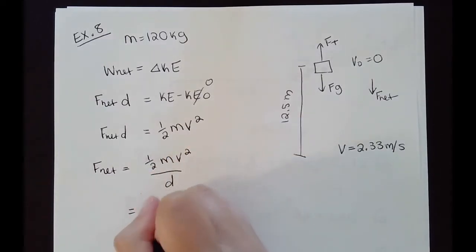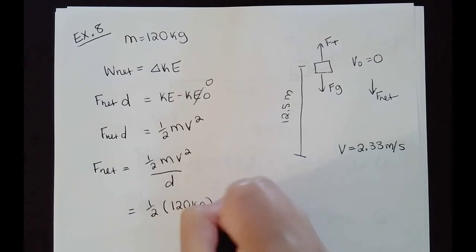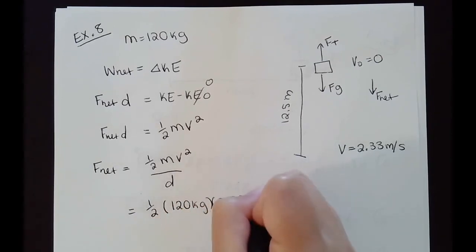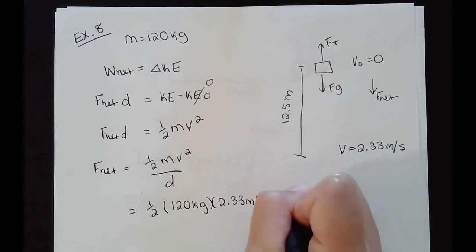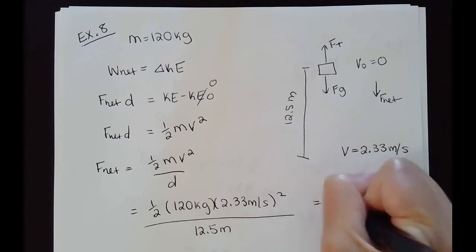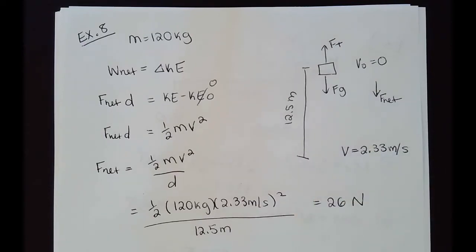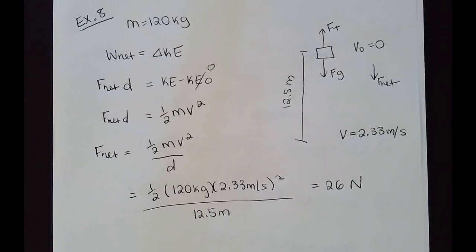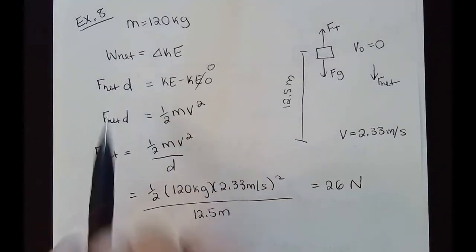So that's 1/2 times the mass of 120 kilograms times 2.33 meters per second squared divided by 12.5 meters to give 26 newtons. That's the net force. It's always the net force that's in our work-kinetic energy theorem.